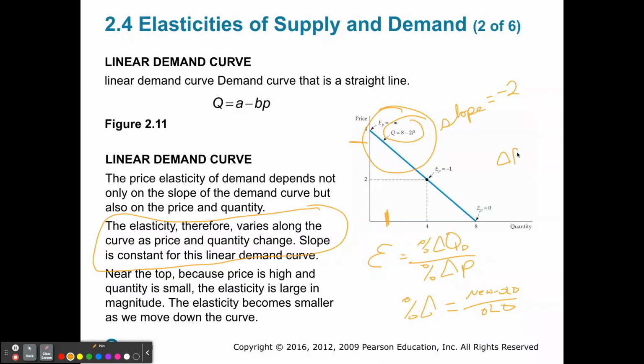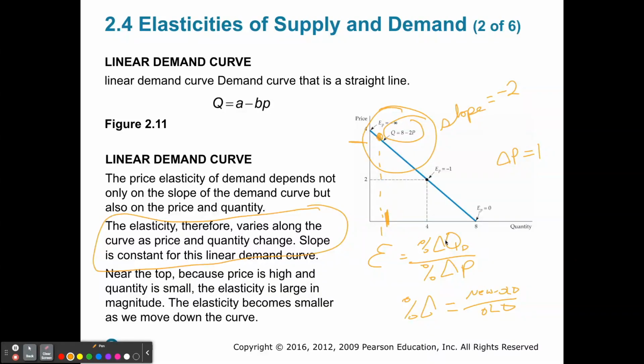If I change the price by 1 unit, here that would only be like a 25% change, let's say if we were at 4, and I change it by 1. To go from 4 to 5 is a 25% change. But at that point, let's say right there, I might be at 1. So what is a 1 unit change there? That's a 100% change.